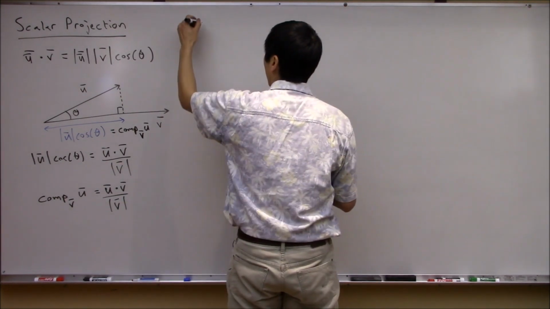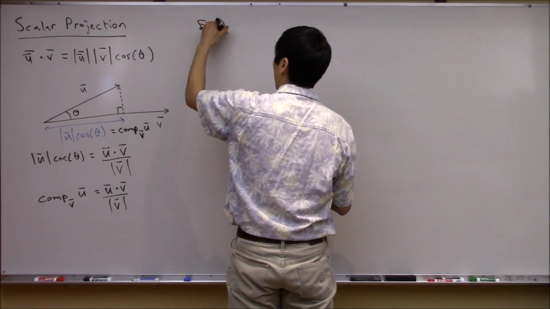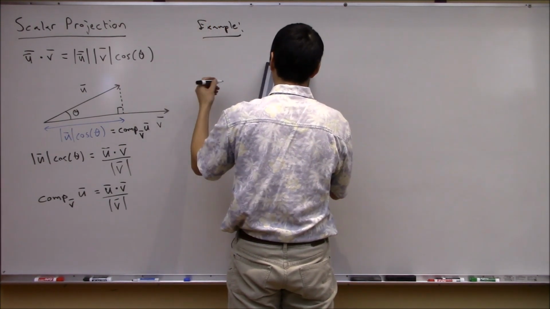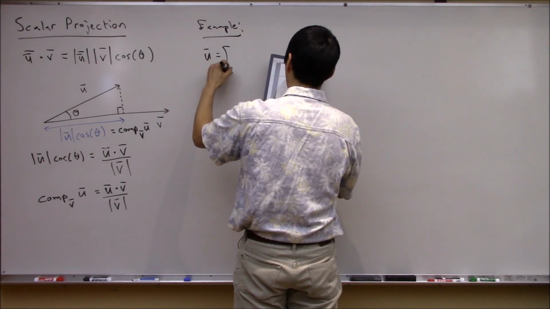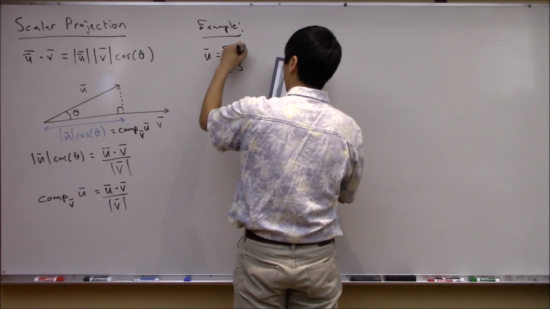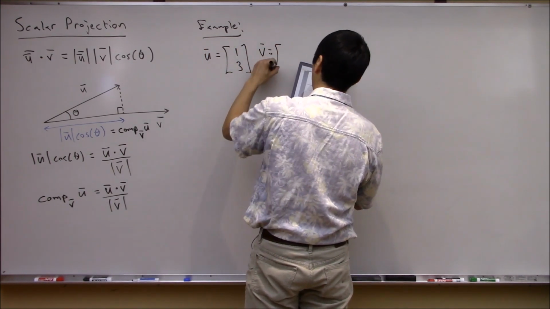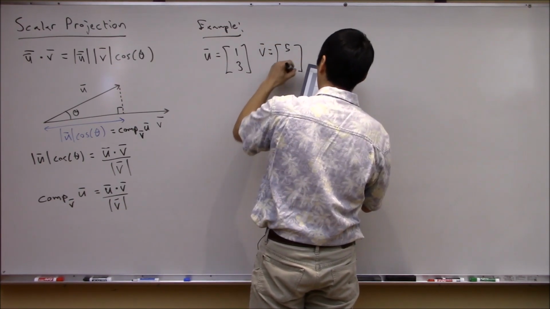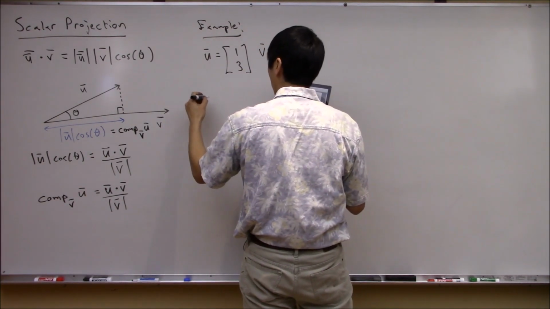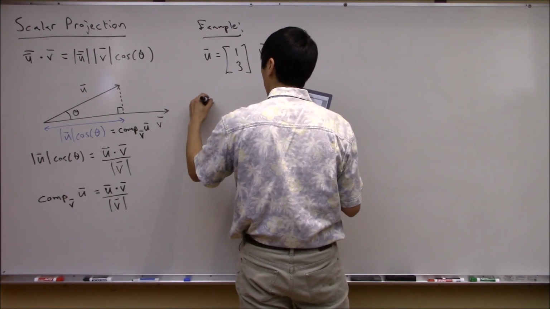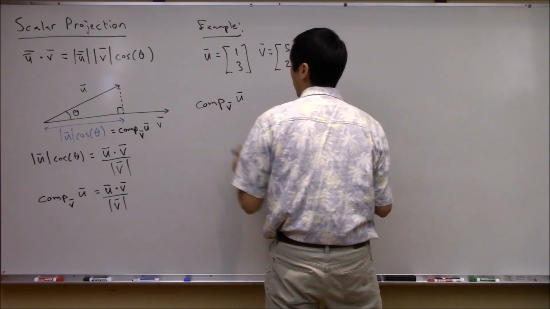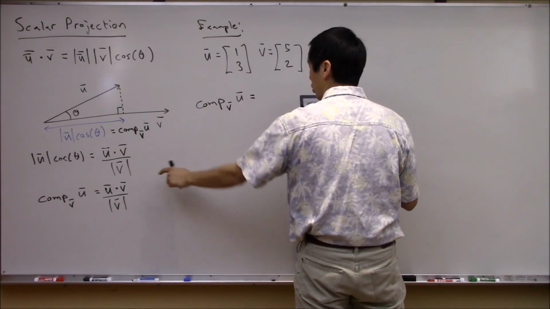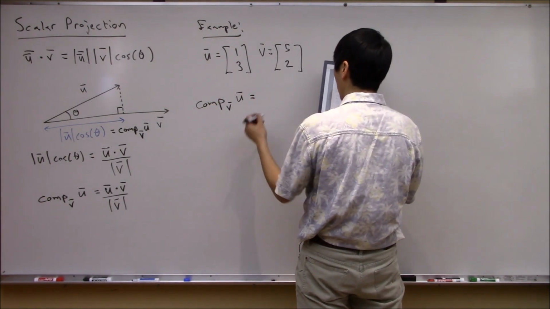So let's do a quick example to make sure we're all on the same page. I'm going to make up two vectors in two-dimensional space. Let u be 1, 3, and let v be a vector like 5, 2. Now I would like to compute the component of the vector u projected onto v. All I need to do is write this out.